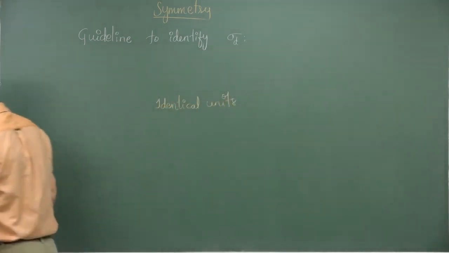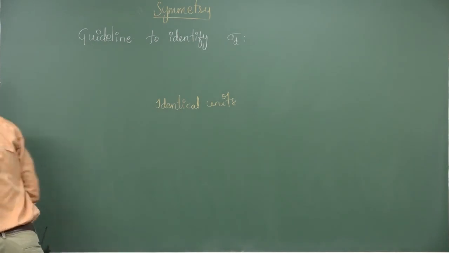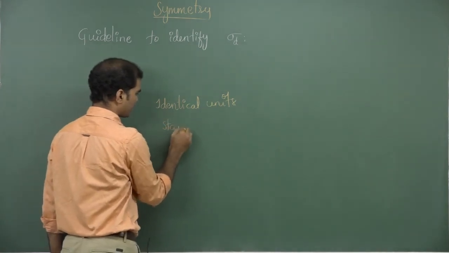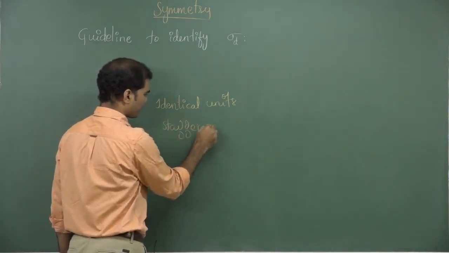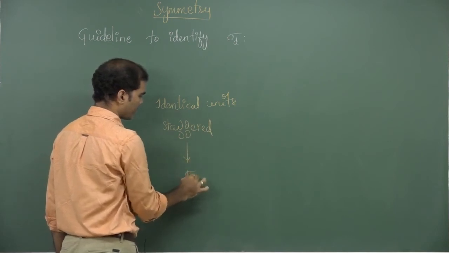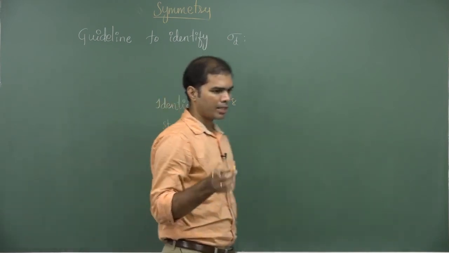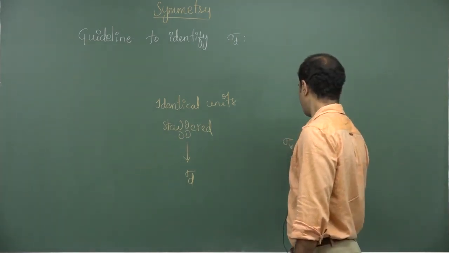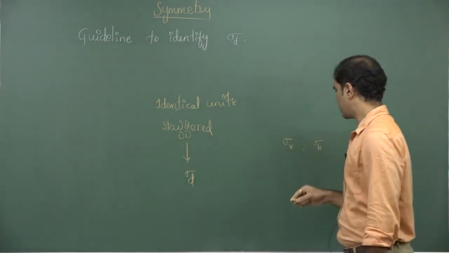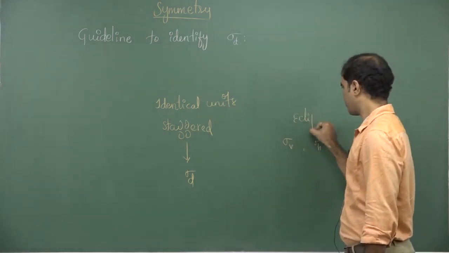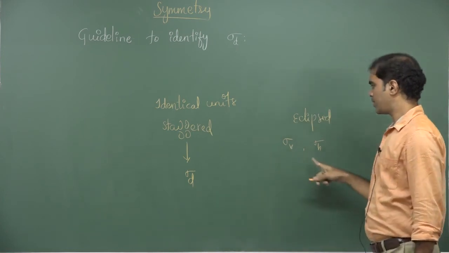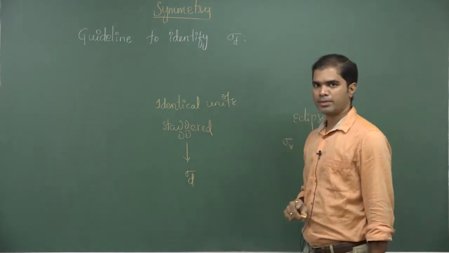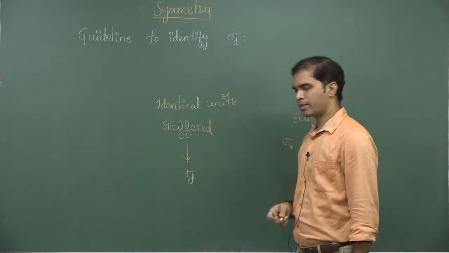One easy way to remember: identical units staggered, then you will have sigma d. If the identical units are eclipsed, then you will have the sigma v, sigma h kind, but not sigma d. If they are eclipsed, sigma v, sigma h concept. If the identical units are staggered, bring out sigma d. There will not be any sigma h in this case.